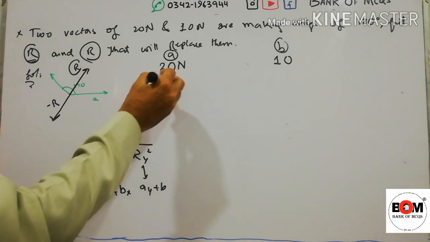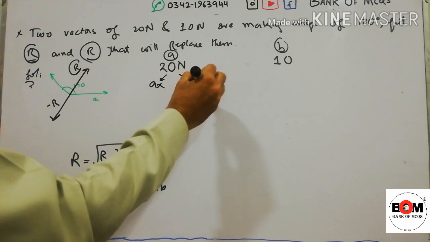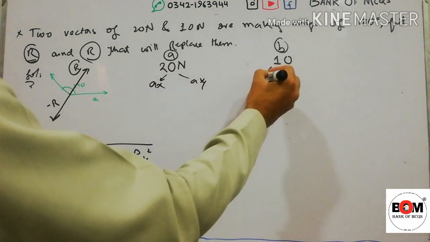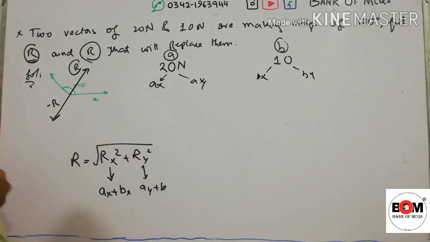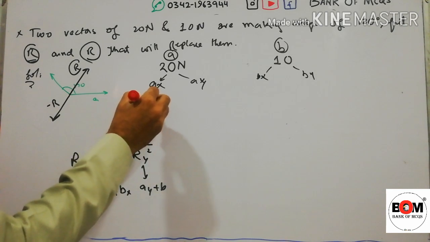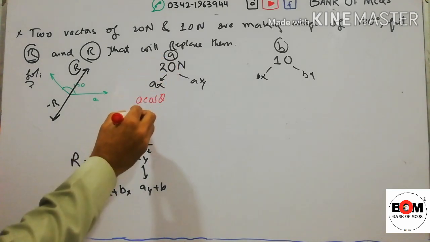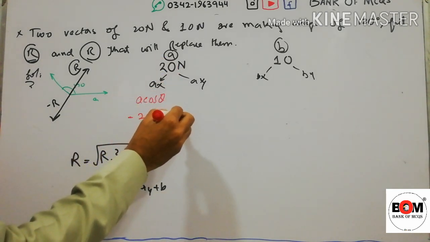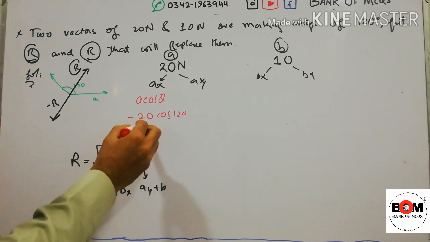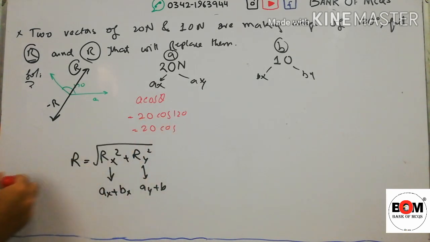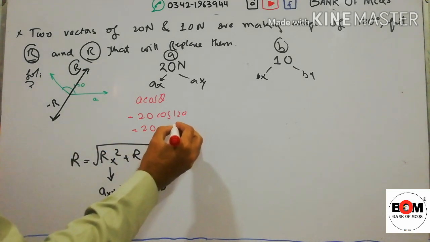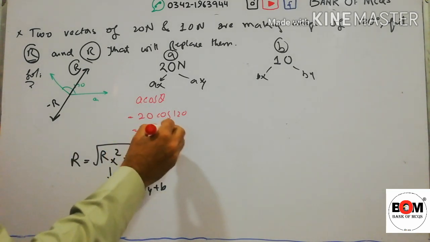Now here we will find Ax and Ay, and then we will find Bx and By. So we know that Ax is equal to A cos theta, where A is 20 and cos theta is cos 120. Now 20 into cos 120, cos 120 is equal to minus 0.5.